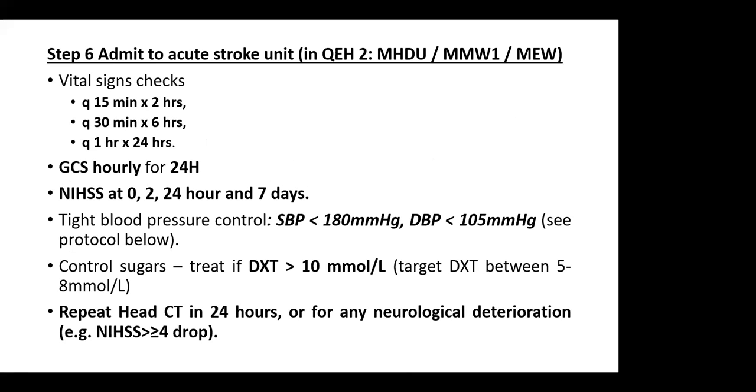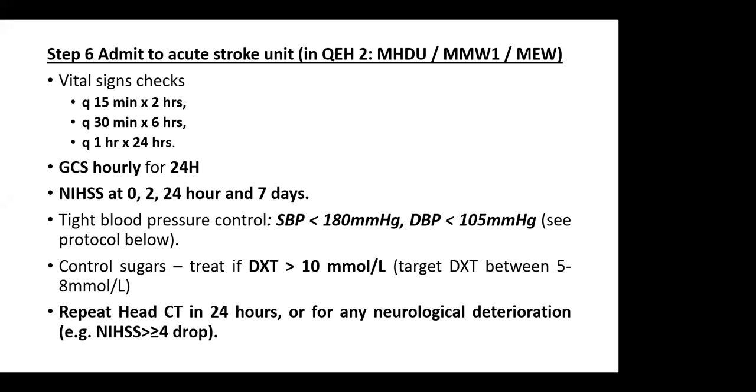Ideally, each patient who has had thrombolysis should be admitted to the acute stroke unit, like the ICU or HDU. Vital signs should be checked every 15 minutes for the first 2 hours, 30 minutes for the subsequent 6 hours, and hourly for the next 24 hours. GCS hourly for the first 24 hours as well.